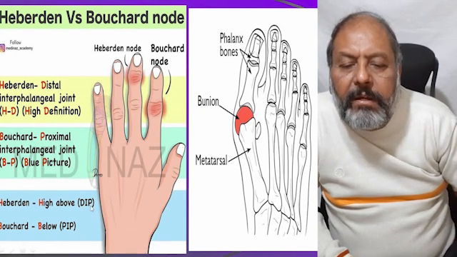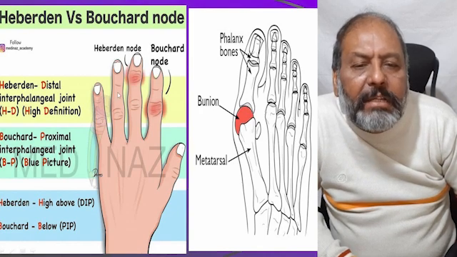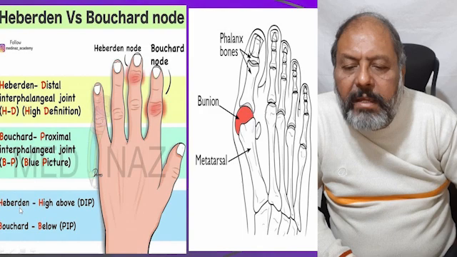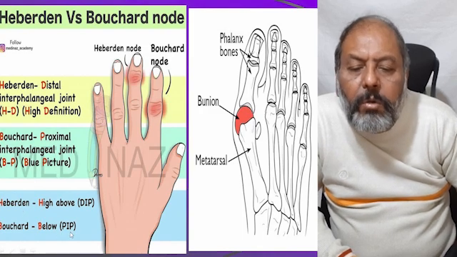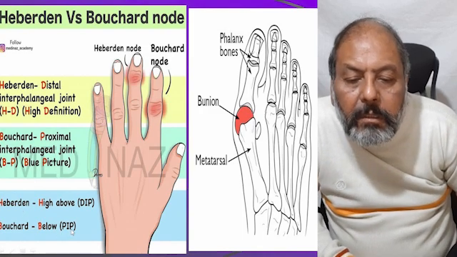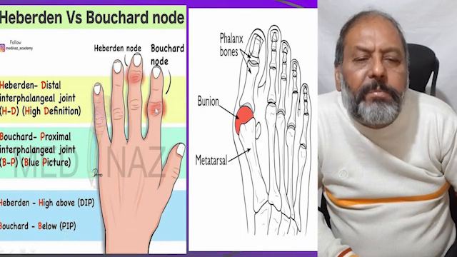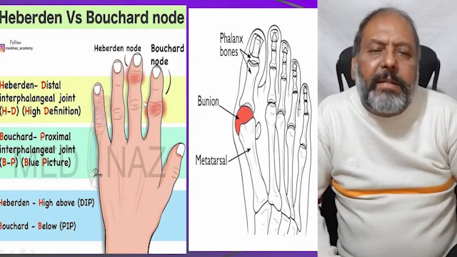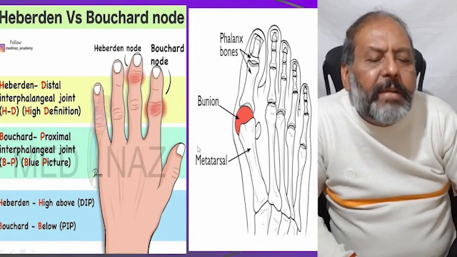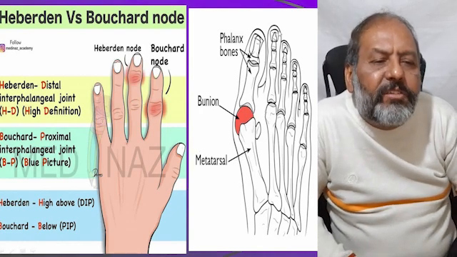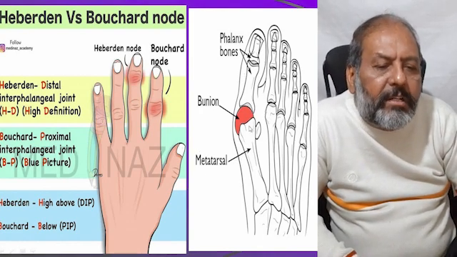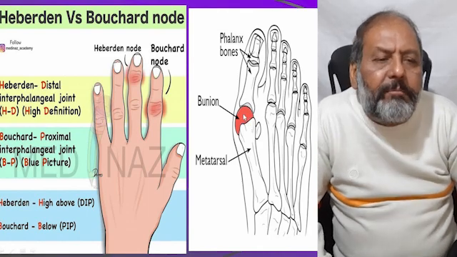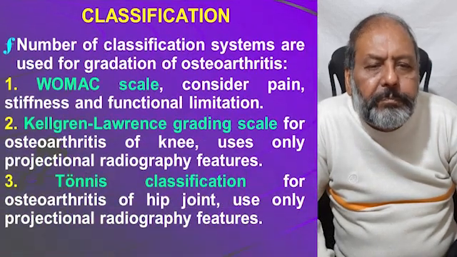Heberden high above, as one can see, that is the distal interphalangeal joint, and Bouchard below, that is PIP, the proximal interphalangeal joint. So this is the way of remembering Heberden versus Bouchard nodes. And sometimes one can also see, among the phalanx bones and the metatarsal, a bunion which gives a bad shape to the foot.